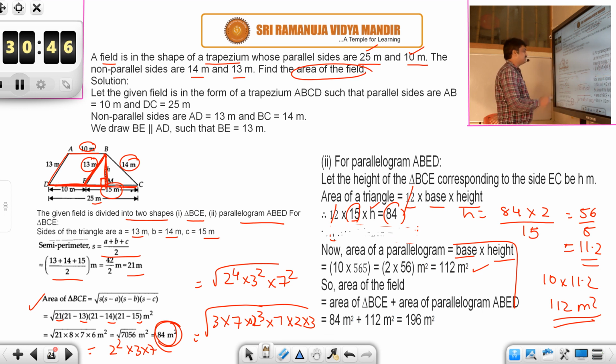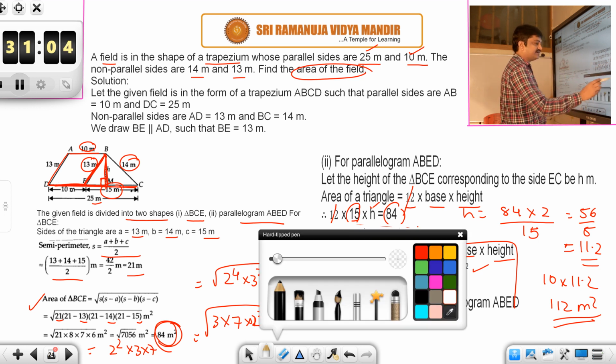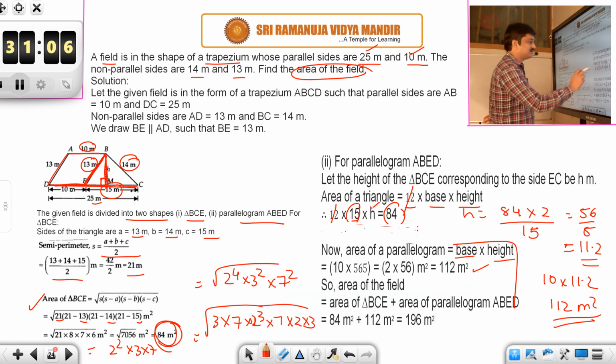We know that it is equal to base into height, but since we don't know the height, for the triangle BEC we know the area, and we know that area is given by half base into height. From this we are trying to calculate the height. Once we get the height, we directly plug it in over here.